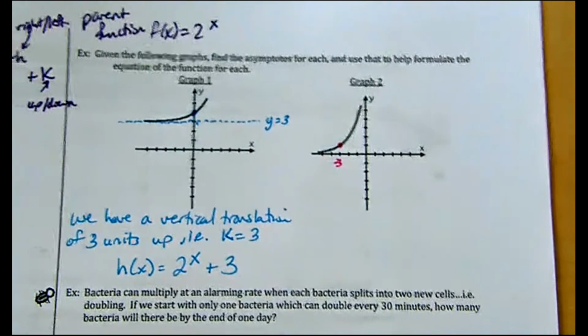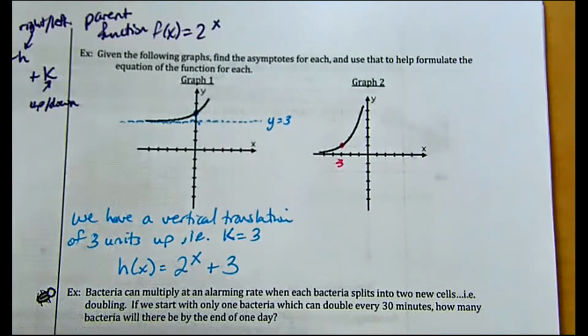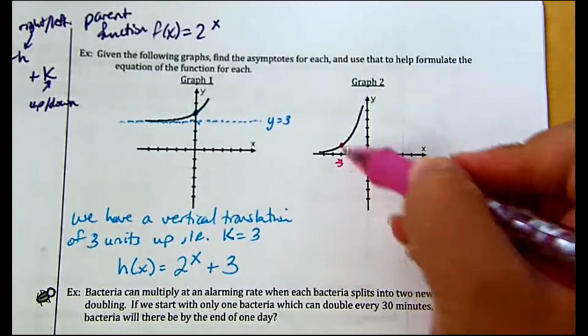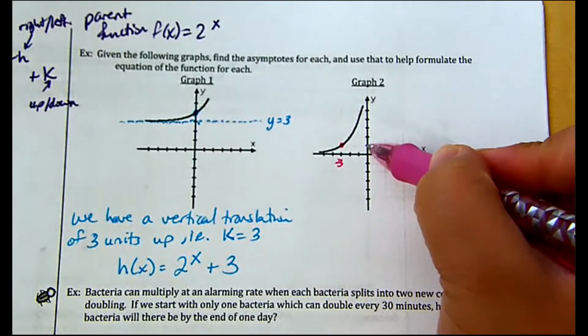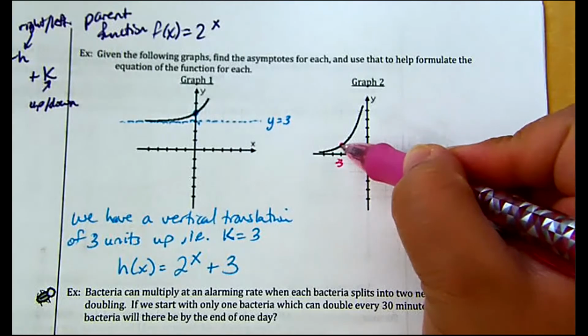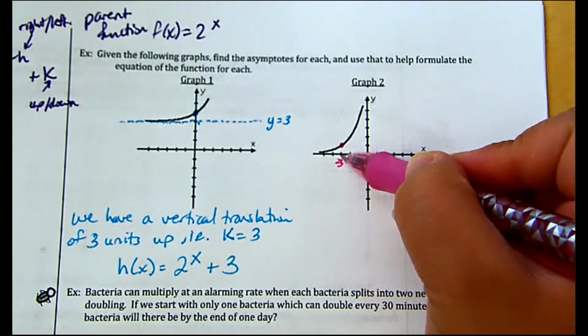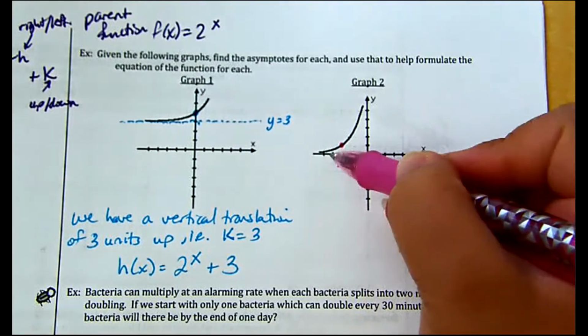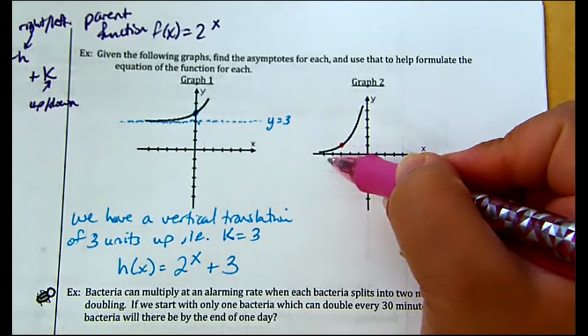Are we following? So I'm using my y-intercept here. My y-intercept is at 0, 1 for the parent function. But now I get 1 when x is negative 3, which means I had a translation of 3 to the left here.